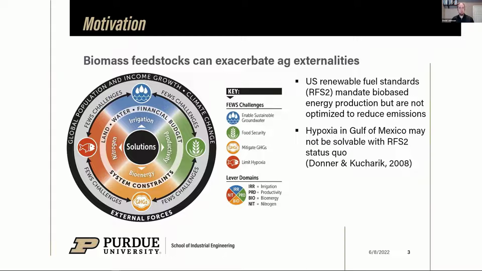On the other hand, ag production is also going to influence hypoxia in the Gulf of Mexico, depending on nitrogen flux to the Gulf. And there have been estimates saying that we may not be able to solve that problem and meet the goals of the hypoxia task force with the RFS2 mandates in place.